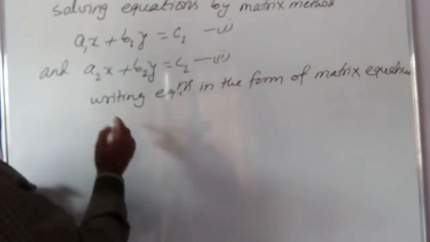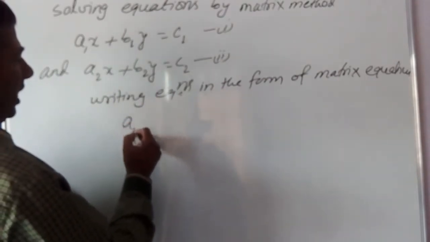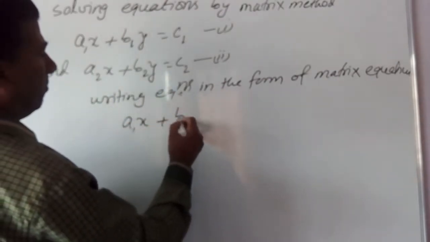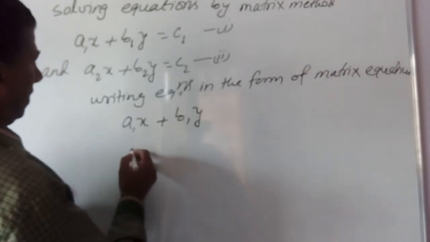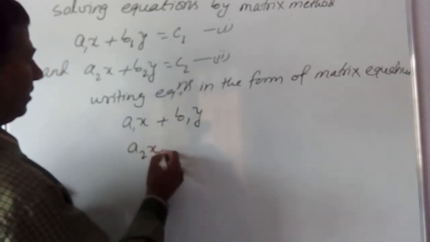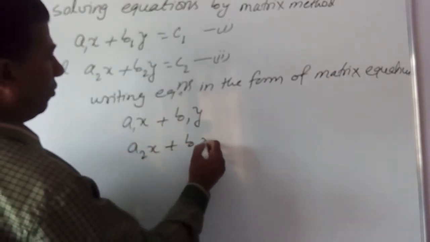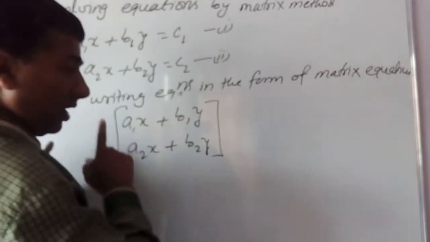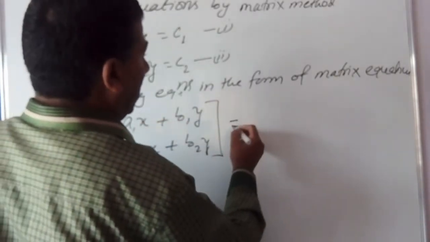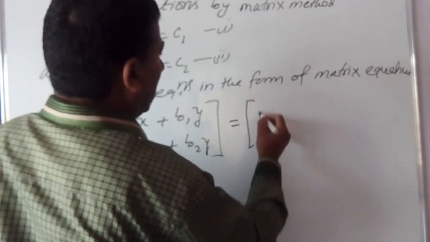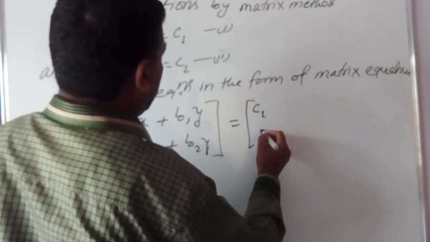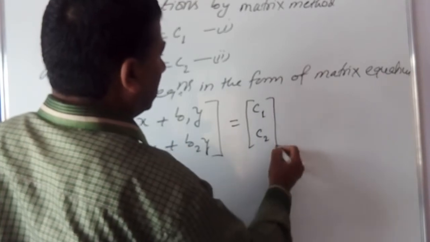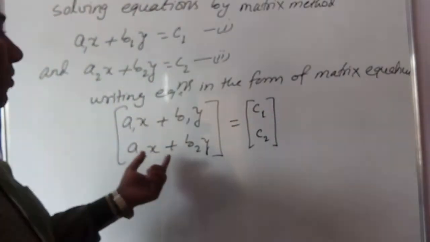How to write? See here. Now a1x plus b1y, a2x plus b2y. I'll write this left hand side in one matrix, and the right hand side constants in another matrix, two matrices.